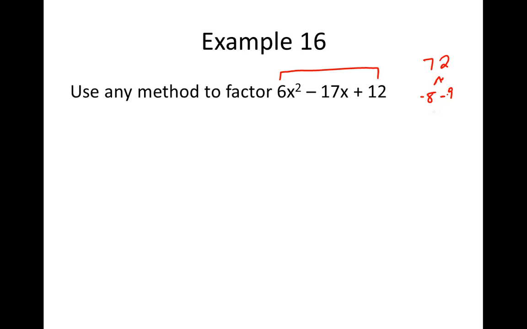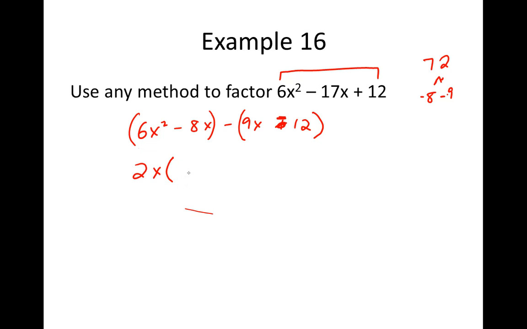So we'll have 6x squared minus 8x minus 9x plus 12. Let's group this up. Again, be careful, and when I put a parentheses here, I have to change that sign. Now let's factor out this first grouping. I can pull out a 2x.